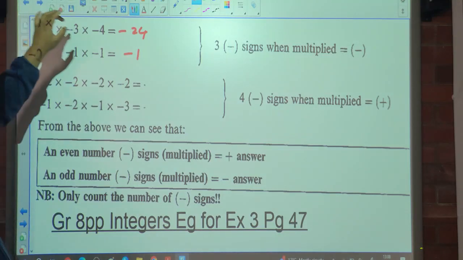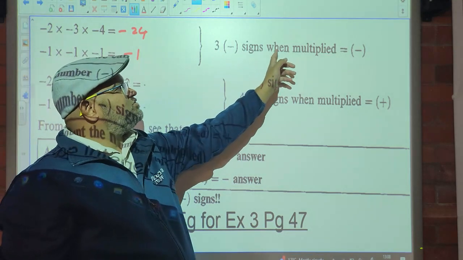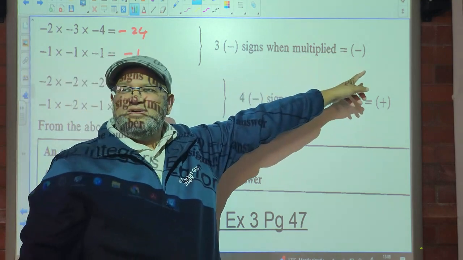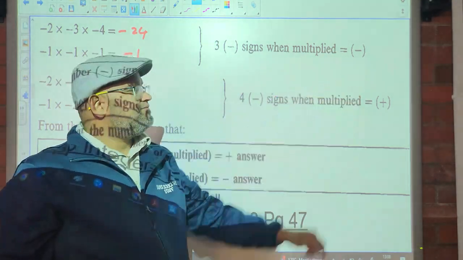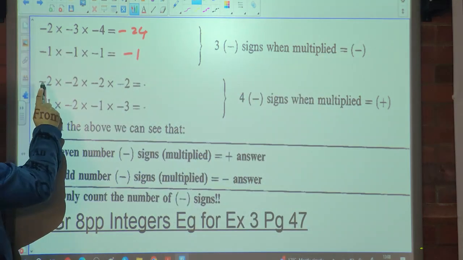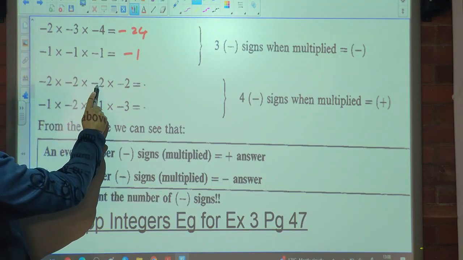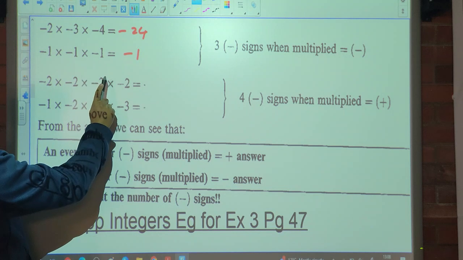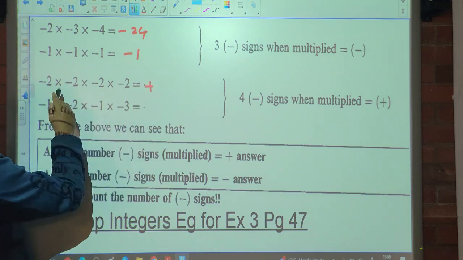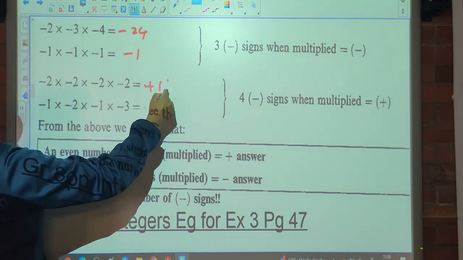So you see here, we are told 3 negative signs when multiplied will give you negative. Let's look here. What's negative times negative? Positive. Positive times negative? Negative. Negative times negative? Positive. 2 by 2 by 2 by 2 is 16.